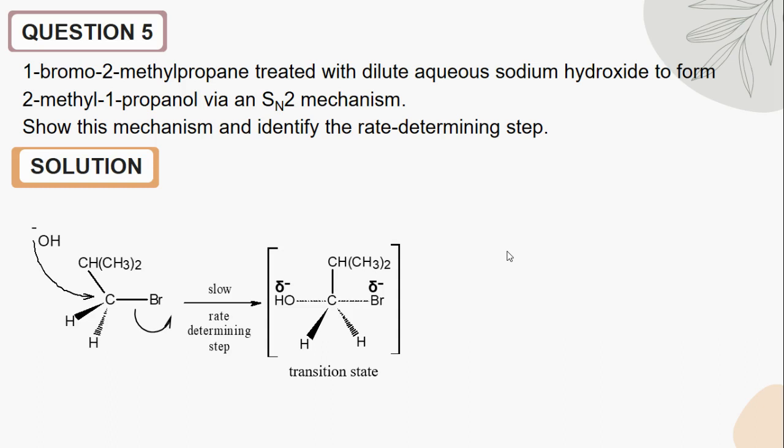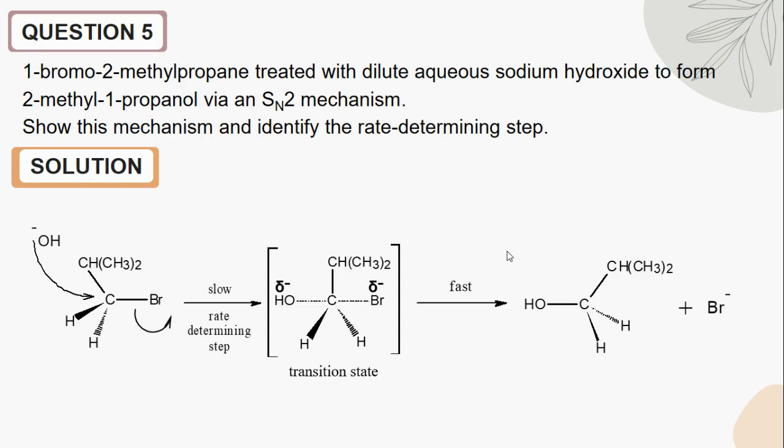After you form this transition state, you will have a fast reaction. During the fast reaction, the Br finally leaves and the OH finally forms the new bond. So you will have another 3D representation, but it will be inverted. Instead of Br facing right, now you have OH facing left. This is what is meant by inverted 3D representation.